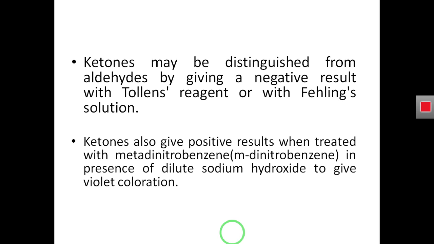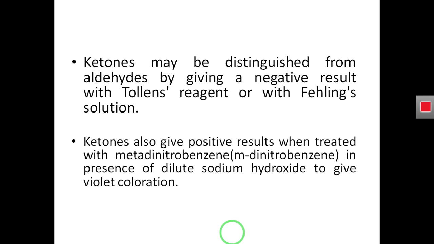So if we have a sample in a test tube and we do not know whether it is ketone or aldehyde, to differentiate between aldehyde or ketone in the sample, we add either Tollens reagent or the Fehling solution to the unknown sample.